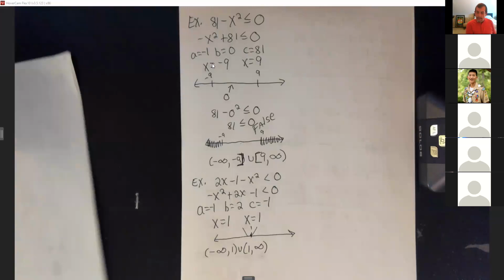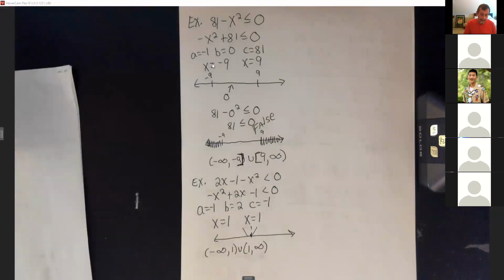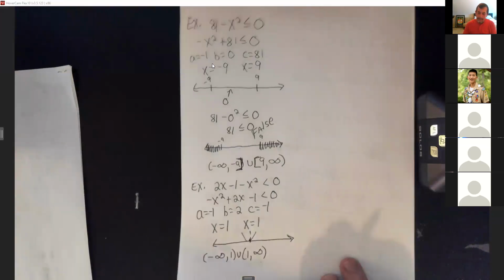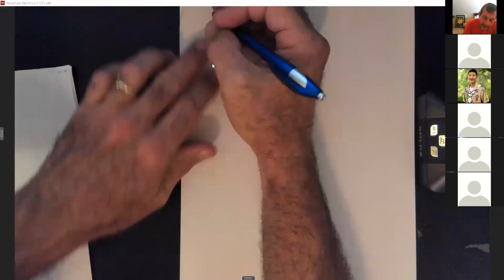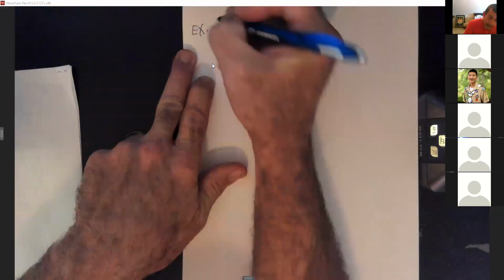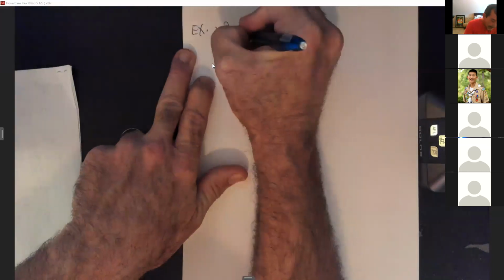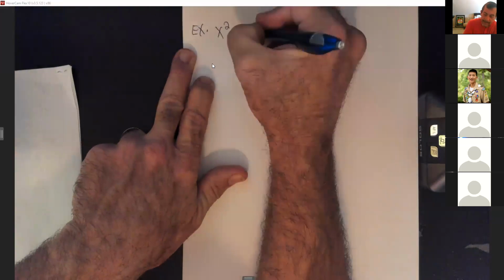All right, I've got one more special one, and then that looks like it for today. So I'm going to pull this one. Our last one is going to be x squared plus 16 is less than 6x.